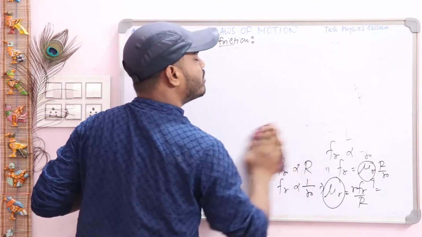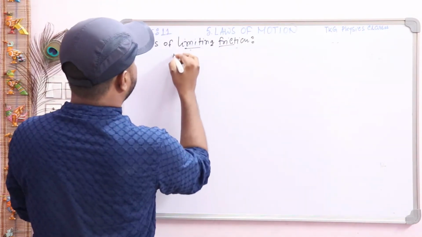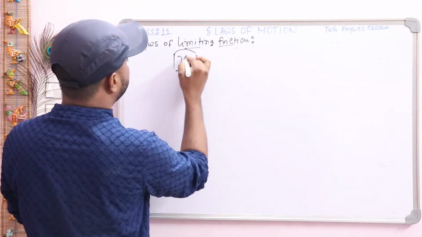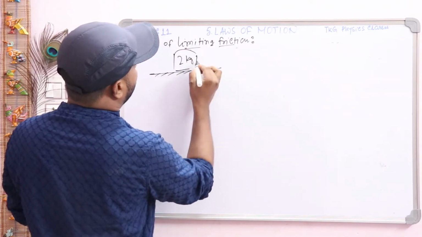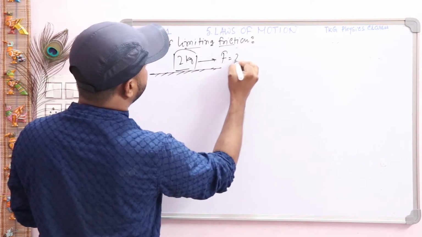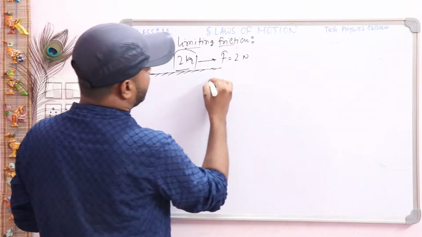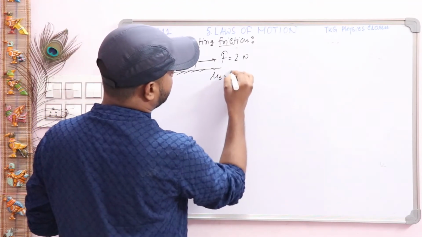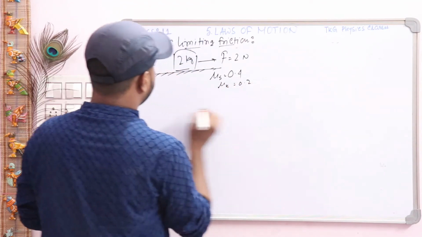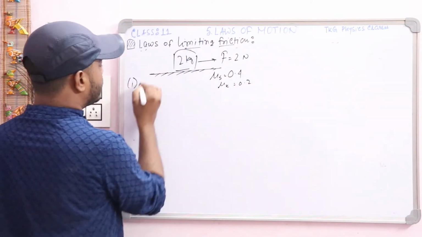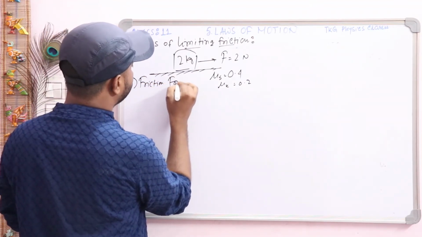Suppose a body of mass 2 kg is placed on a horizontal surface, and an external force F of 2 Newton is applied along the positive x-axis. Here mu s is given as 0.4 and mu k is given as 0.2. Now the question is, at first you have to find the frictional force.